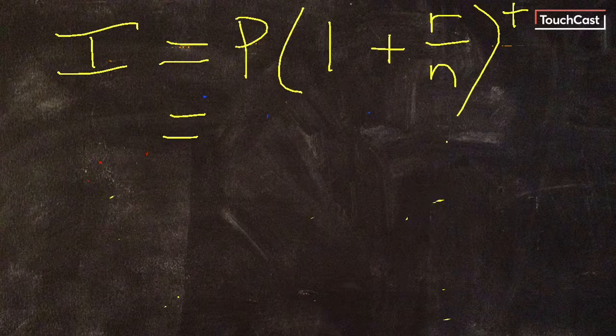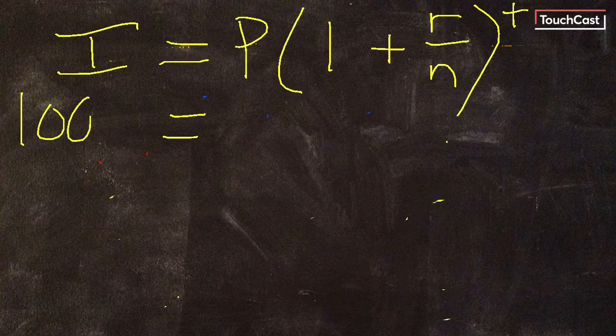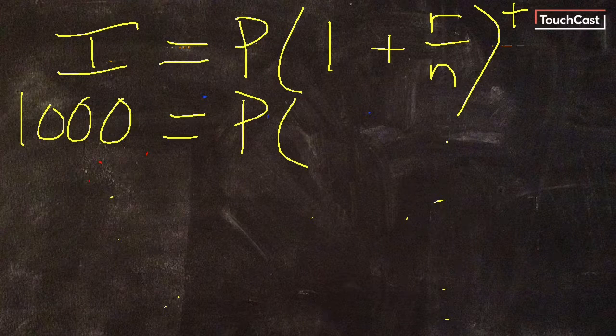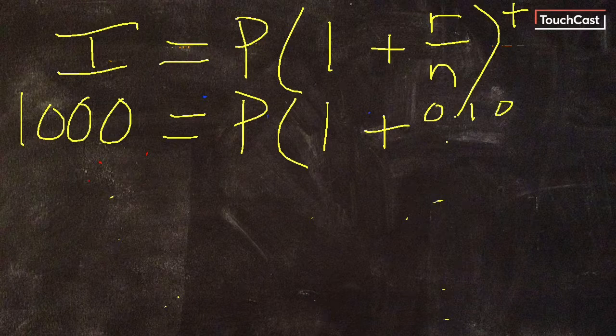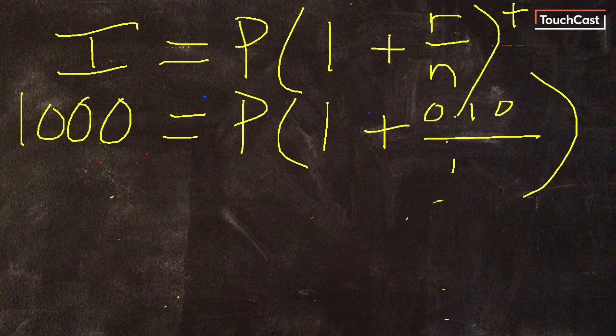Okay, so let's say I know that the interest I'm earning is $1,000. I don't know the P, so I don't know what amount I'm starting with, but I know the interest rate is 10%. Let's make it easy. We'll say it's compounded only once a year and it's 10 years.